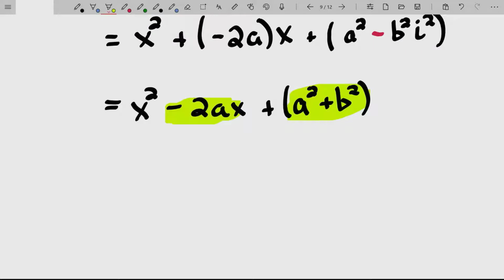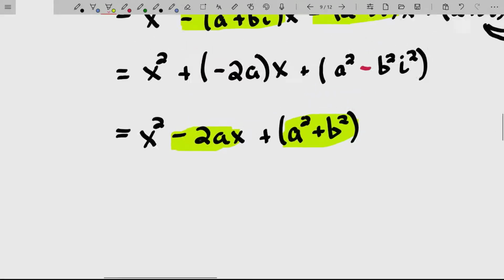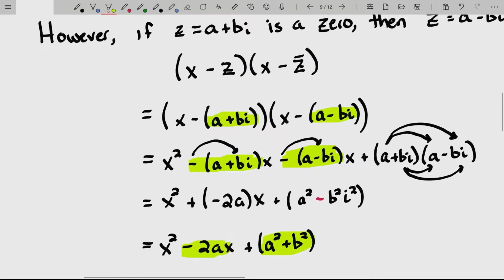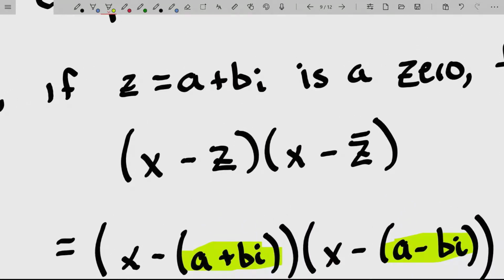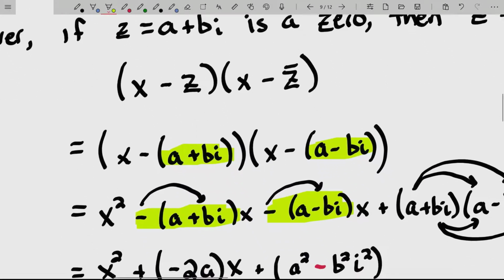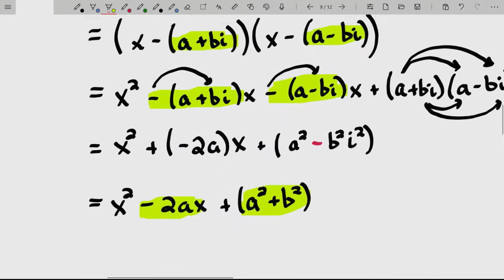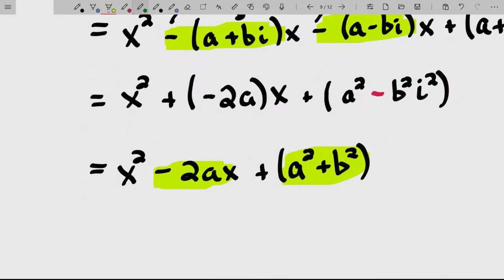This is a quadratic with real coefficients, and we would call this an irreducible quadratic over the real numbers, because if you tried to factor this, it would factor, as we have just derived it, into the product of linear factors with imaginary parts. And so that will not factor over the real number system. It factors over the complex, but not over the real number system. And as such, we would call this quadratic at the bottom an irreducible quadratic.